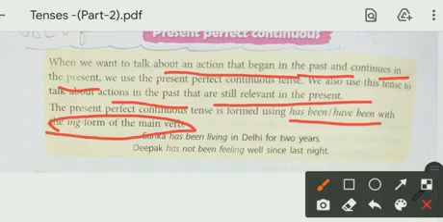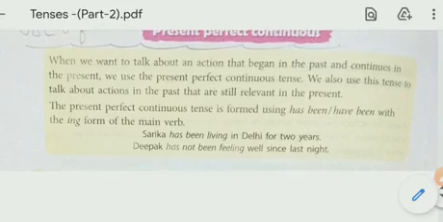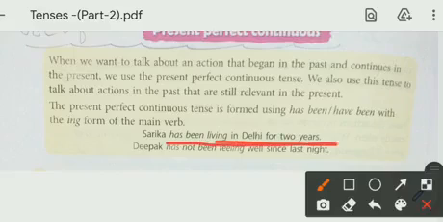Like example, Sarika has been living in Delhi for 2 years. ओके यानी कि सारिका जो है वो दिल्ली में रह रही है 2 years से, एंड स्टिल शी इज़ लिविंग इन दिल्ली. 2 years से तो रह ही रही है, लेकिन अभी भी वो वहीं रह रही है, मीन्स वो प्रोसेस अभी भी कंटिन्यू है.